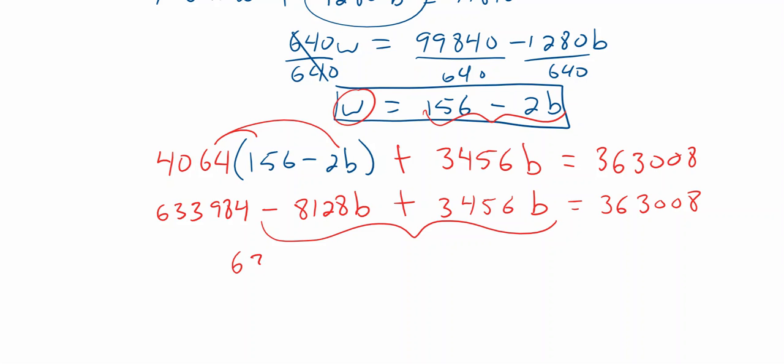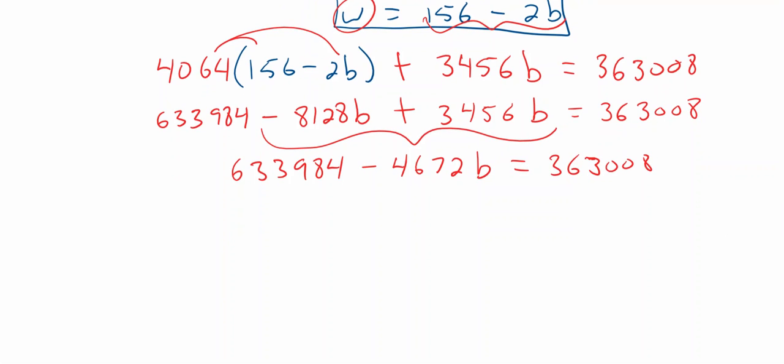So we've got 633,984. These collect to 4,672 B, which is equal to this. All right, and then we will subtract this from both sides. So I'll write it out. Minus 6.